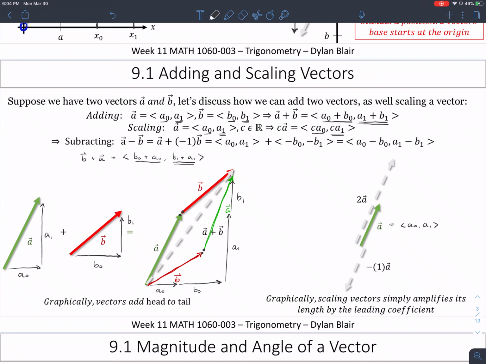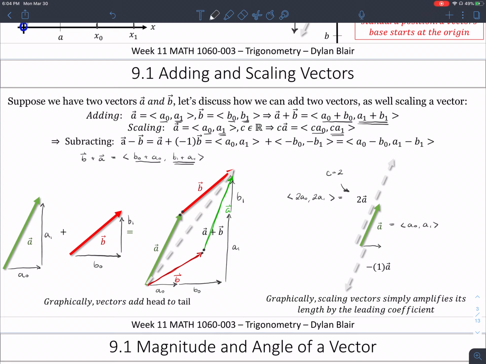So now back to the scalar component. With this first one, we are considering c being equal to 2. So if we were to scale that 2 to each component, we would get 2 a naught and 2 a1.